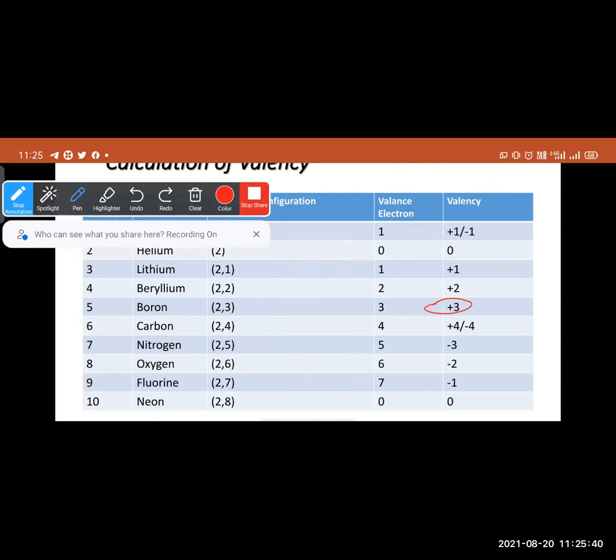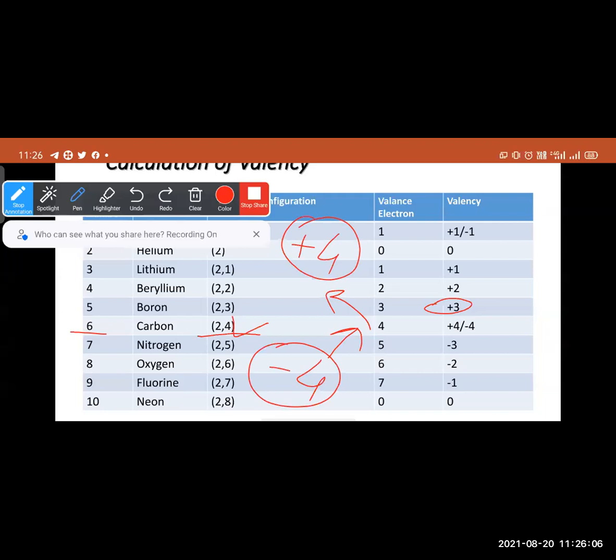In case of carbon, the atomic number is 6. Electronic configuration is 2, 4. The outermost orbit is having 4 electrons. Out of these 4 electrons, it can donate 4 electrons, or it can accept 4 electrons. So valency may be +4, valency may be -4.